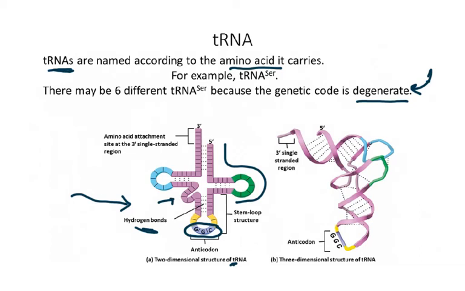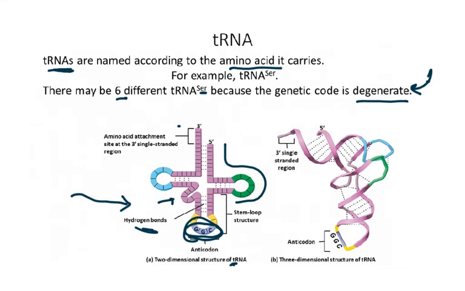So for this particular amino acid, serine, there's actually 6 different tRNAs because there's 6 different codons that correspond with serine. And that's generally the case for all of them. Maybe not 6, but generally 4 to 6 tRNAs for each. And you could figure that out based on looking at that genetic code to see how many codons there are for a particular amino acid.